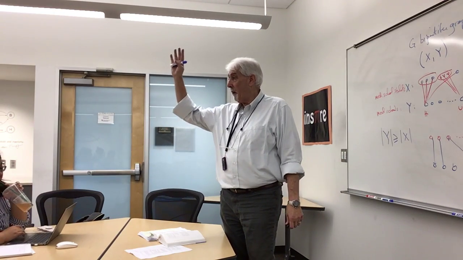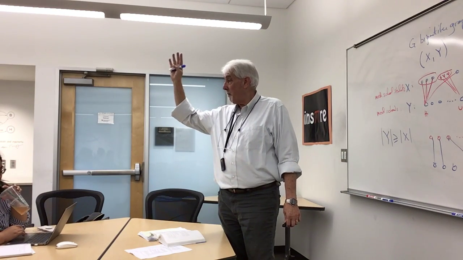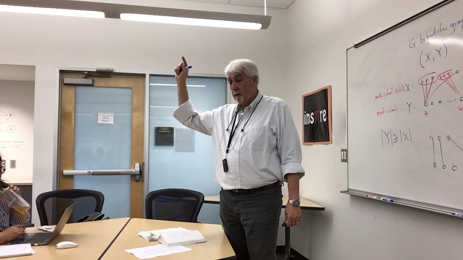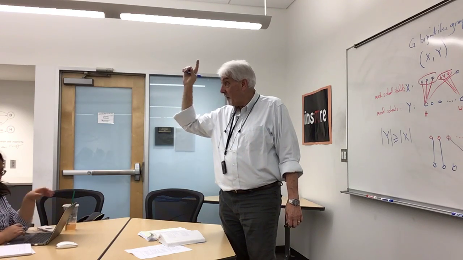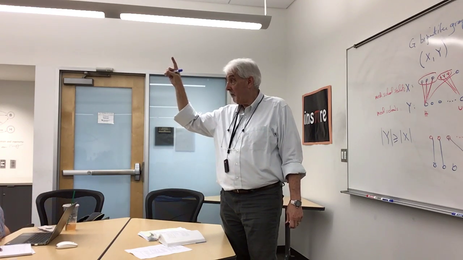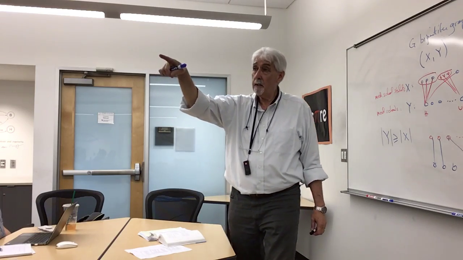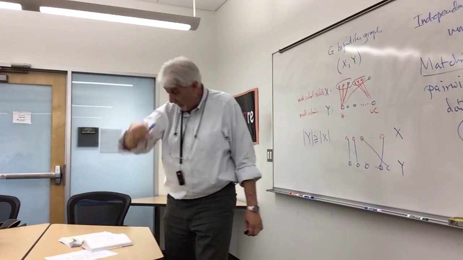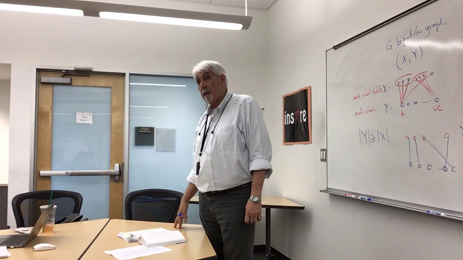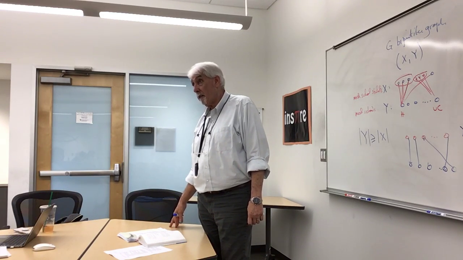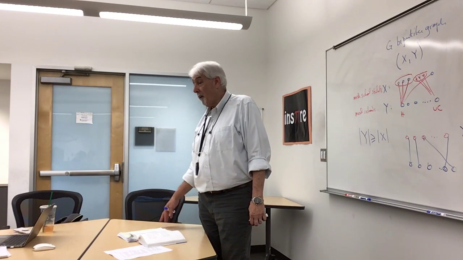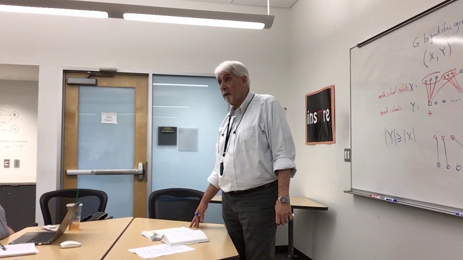Let's quickly look at the graph on problem number 13. Is that bipartite? Because it has C5s. It also has C3s. What's wrong with the C5 and the C3?